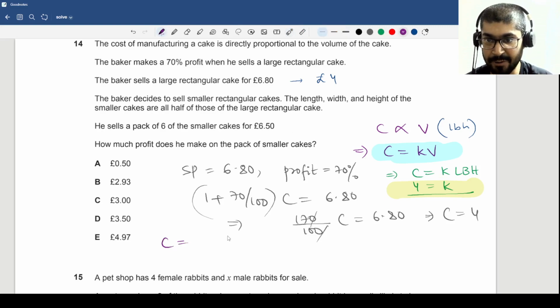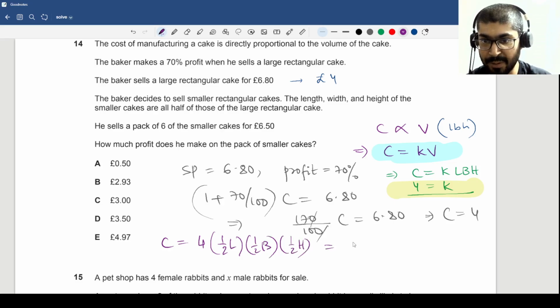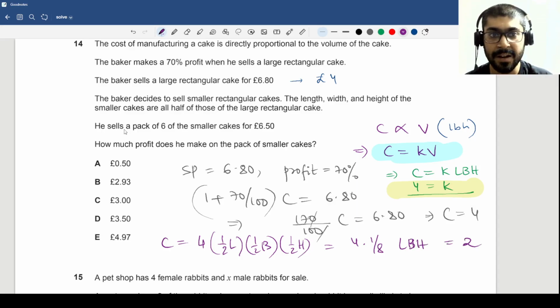So C will be equal to, K is 4, so 4 into half L into half B into half H. So that will be 4 into 1/8 LBH. LBH was 1, because the original length, breadth and height was 1. So C is basically 2. Sorry, 4 by 8 is half, not 2.